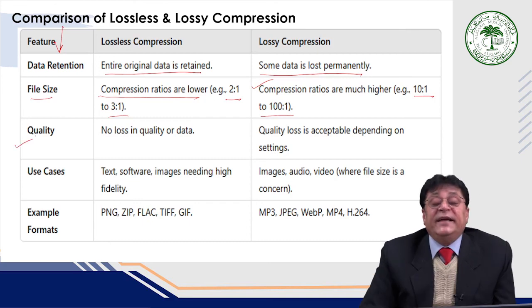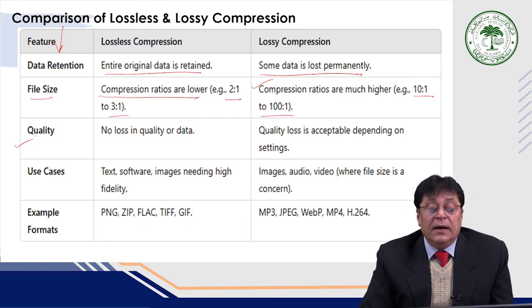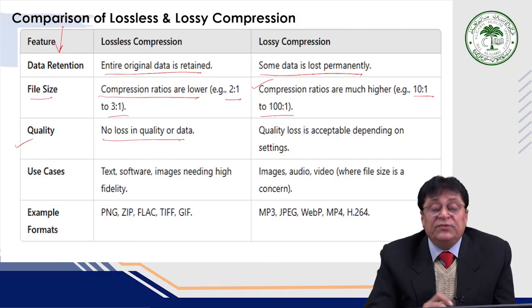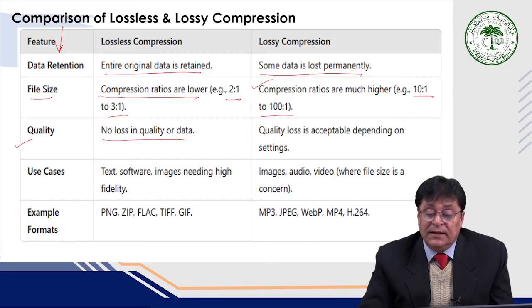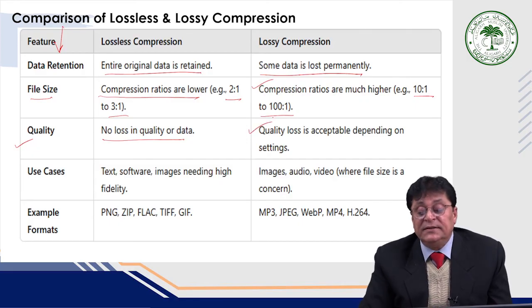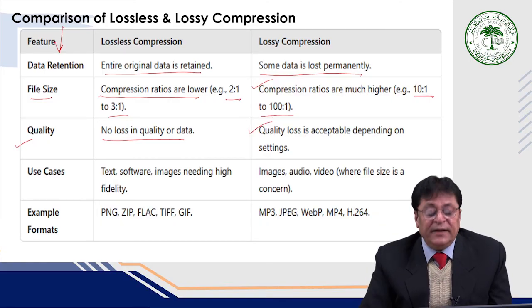In terms of quality, in lossless compression, there is no loss of quality of data. But in case of lossy compression, there is some loss, of course within the acceptable limit, but it is there.